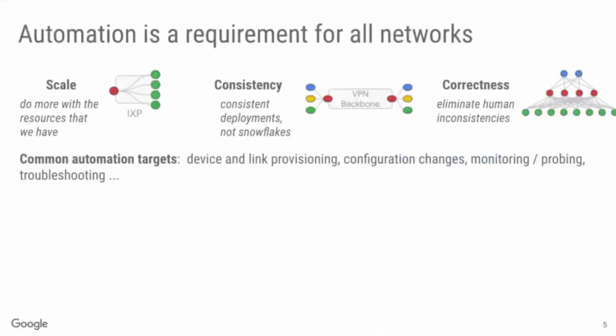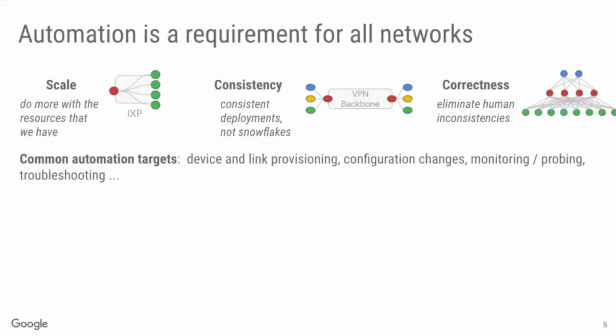So as I mentioned, automation is a key requirement for all networks. I think we've talked about it in NANOG over several years, and there are lots of important reasons and motivations for automation. Obviously, one is around scale, being able to grow the network without necessarily proportionally growing our engineering staff. Automation is an enabler of that.